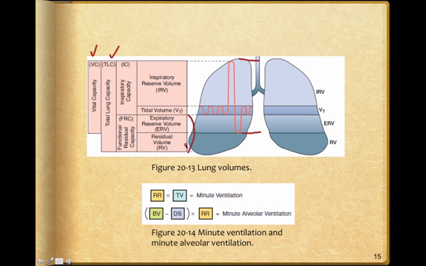Functional residual capacity. That's essentially if we put pressure into it, or we breathe a little bit more, what would be our functional capacity that would reside in the lungs. Minute ventilation. Minute ventilation is kind of important because it's all based off of surface area.